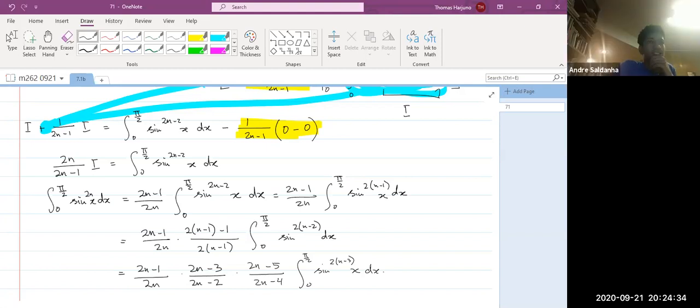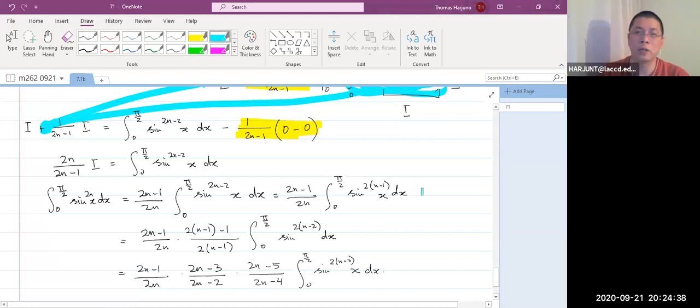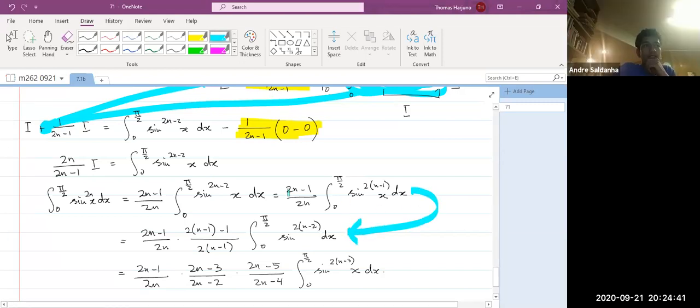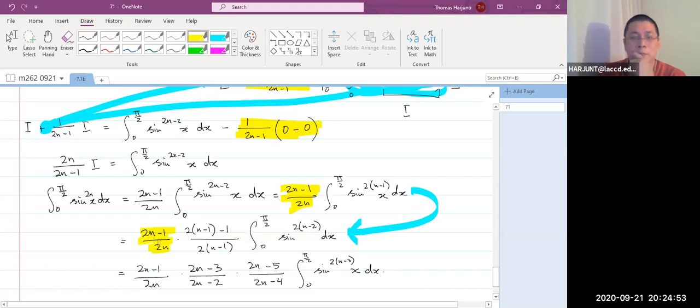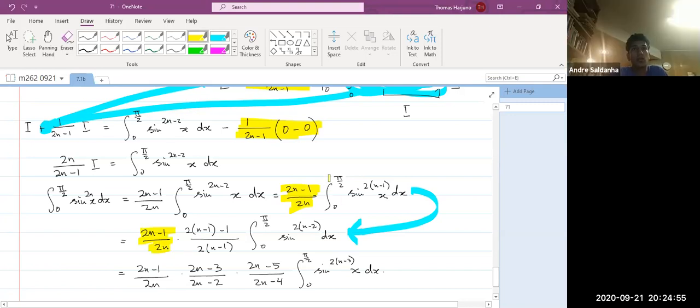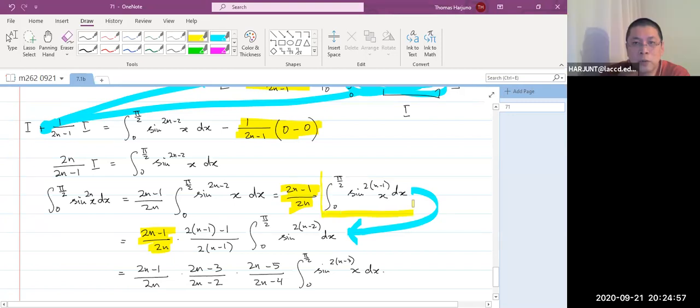Wait, I didn't understand the previous step. The one from here to here? Yeah. Okay, so we already have this guy here, right? Yeah. Okay, now do substitution for this. Change the n minus 1 by calling that u.